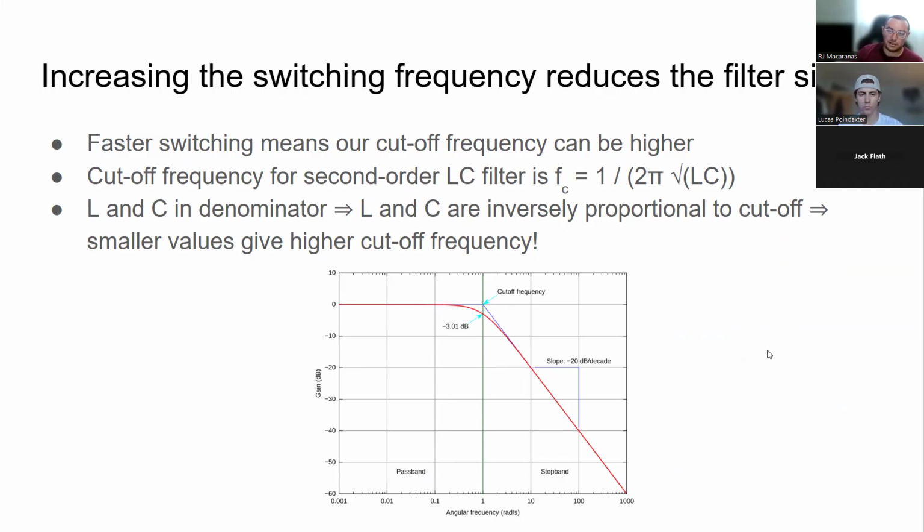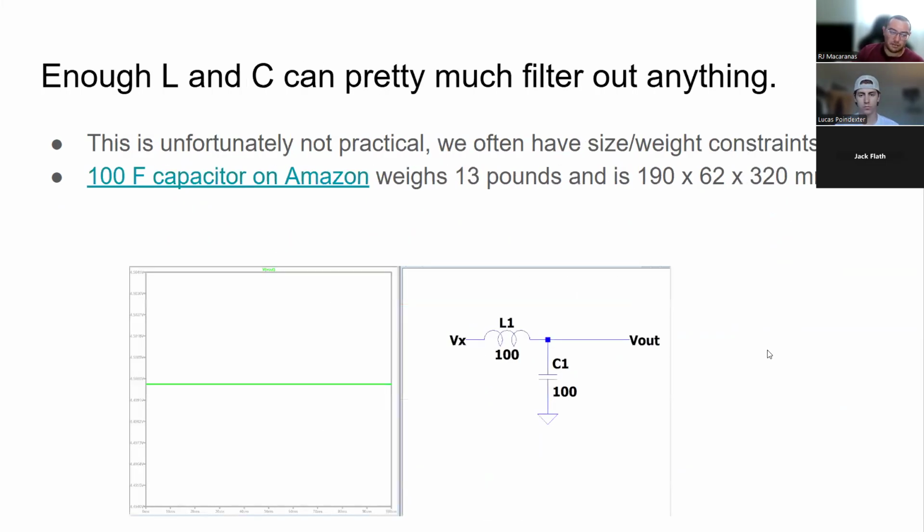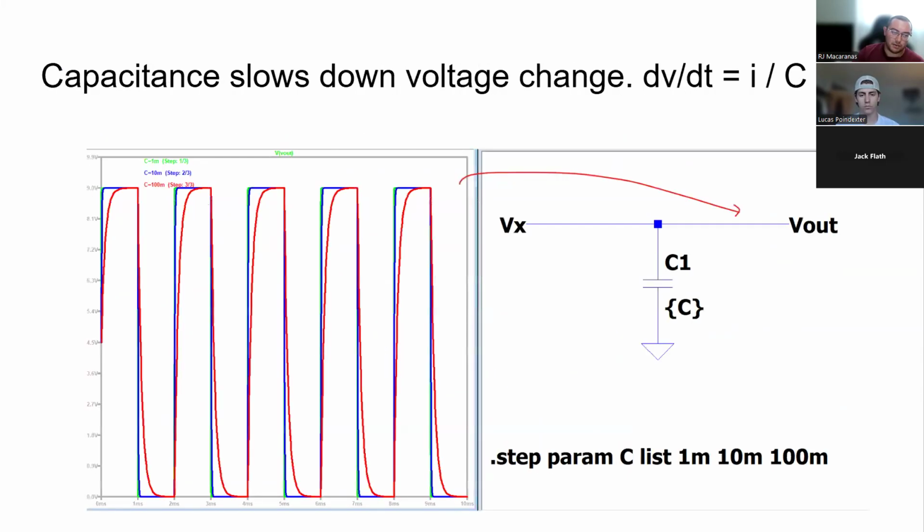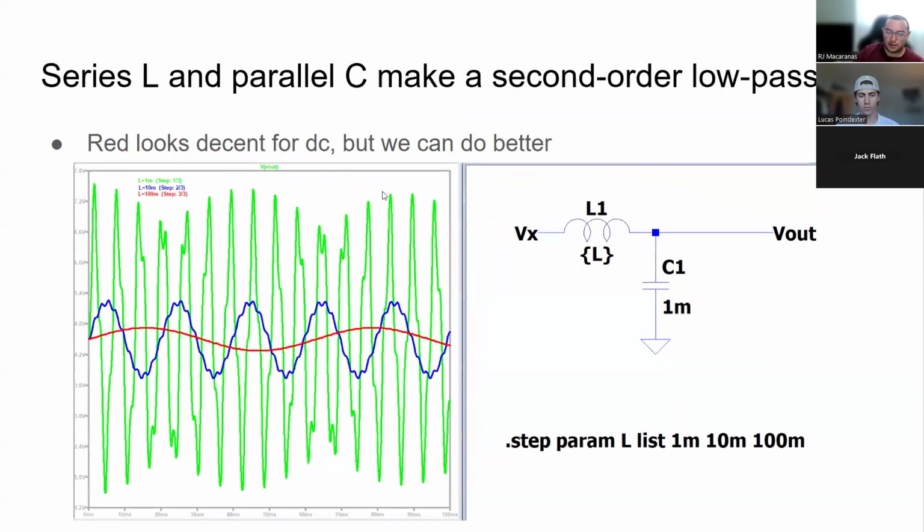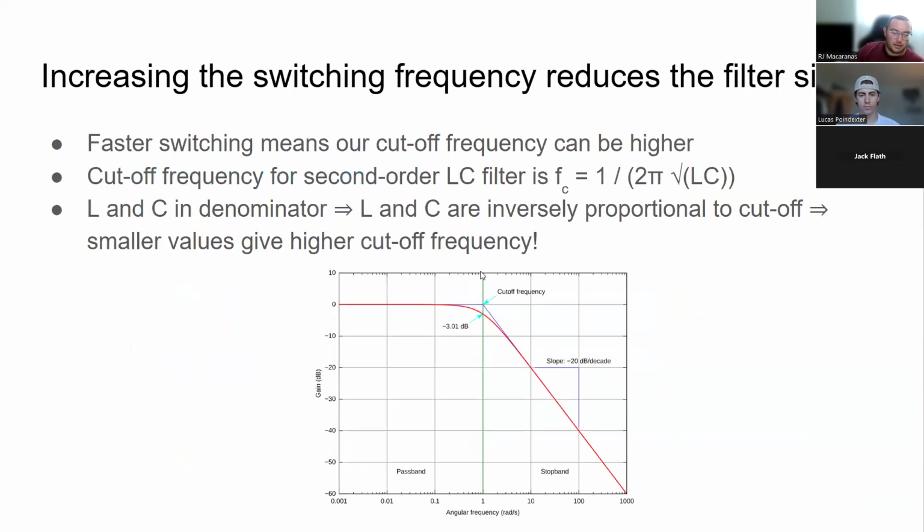And again, we're using the voltage at the switch node to transfer energy from the input to the output, right? So we have our cutoff frequency, and for this second order LC filter, it's given by 1 over 2 pi times the square root of L times C. If we examine the form of this, we can quickly see that L and C are both in the denominator, right?